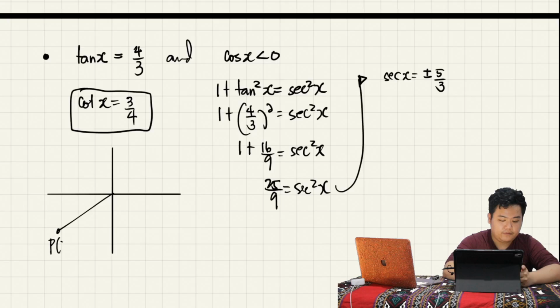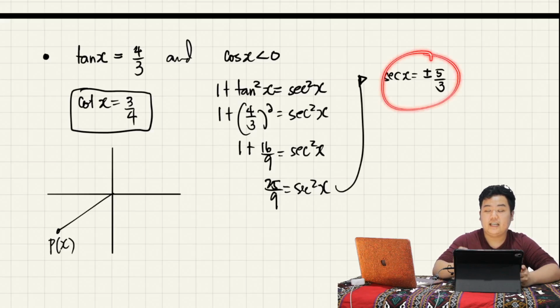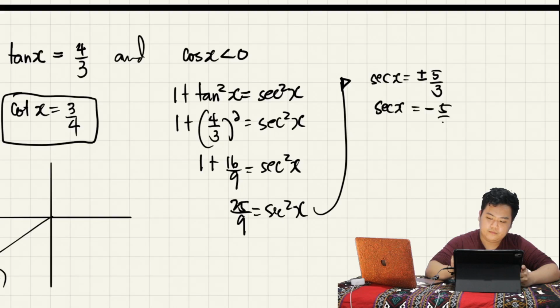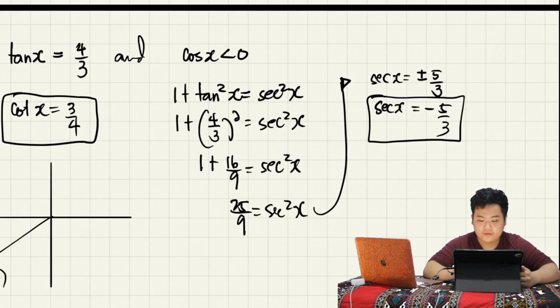Dito si P of x. Ang positive lang dyan si tangent at si cotangent. Meaning, secant is negative. May isa pang libre yung reciprocal niya, which is cosine. Reciprocal niya is negative 3/5.